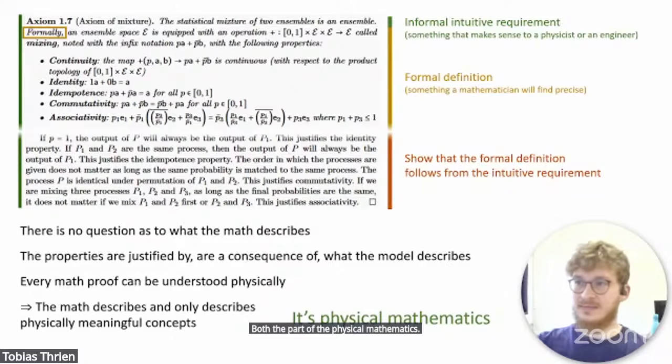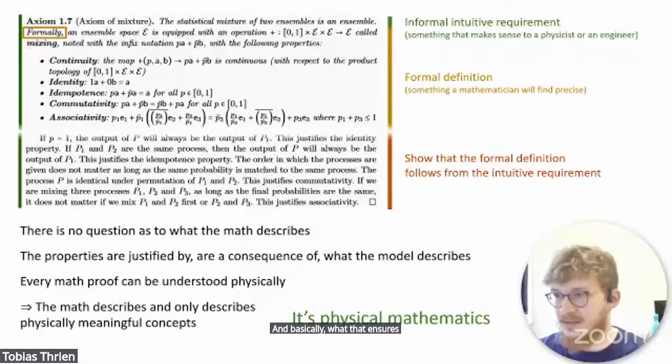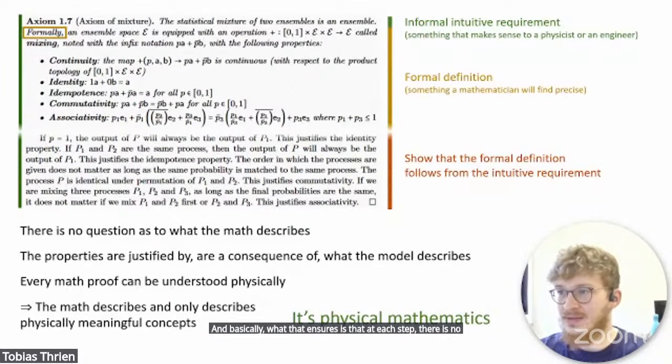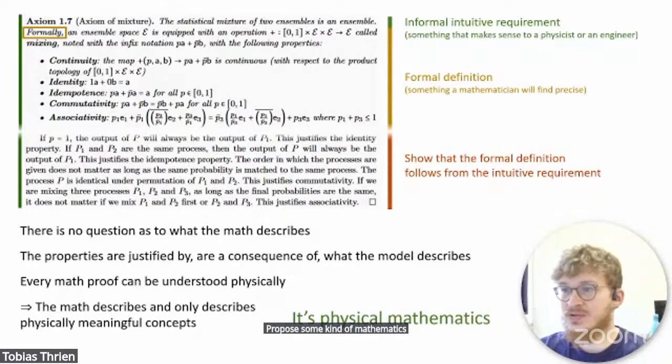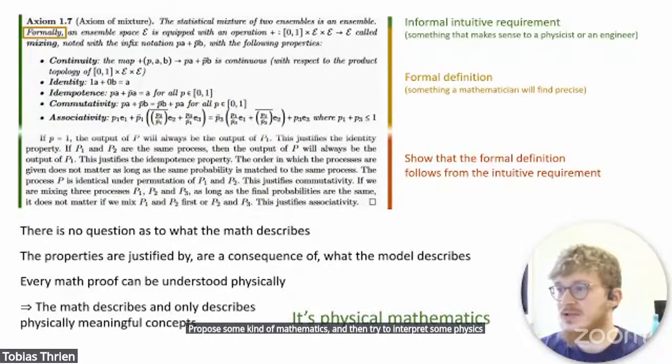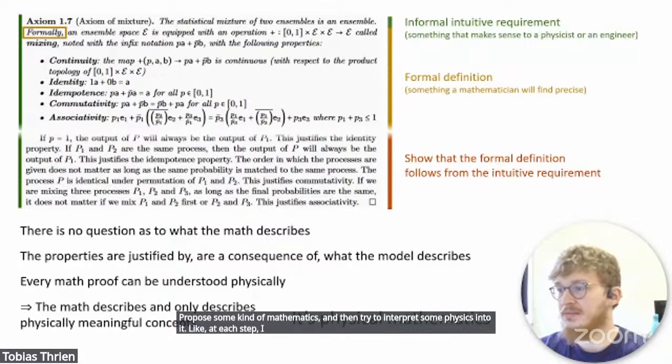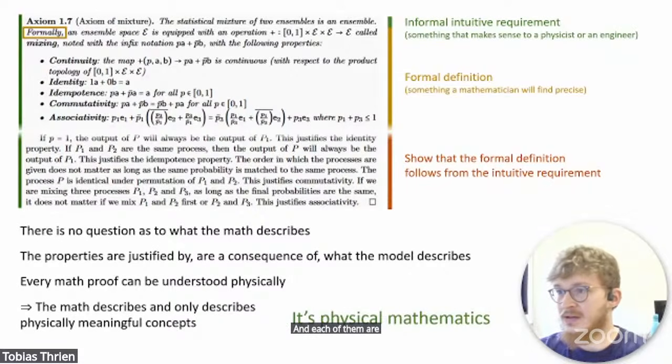And basically what that ensures is that at each step, there is no question about what the math describes. We don't just propose some kind of mathematics and then try to interpret some physics into it. At each step, I told you exactly what the mathematics describes. And each of them is justified, and you can always check why it's there.